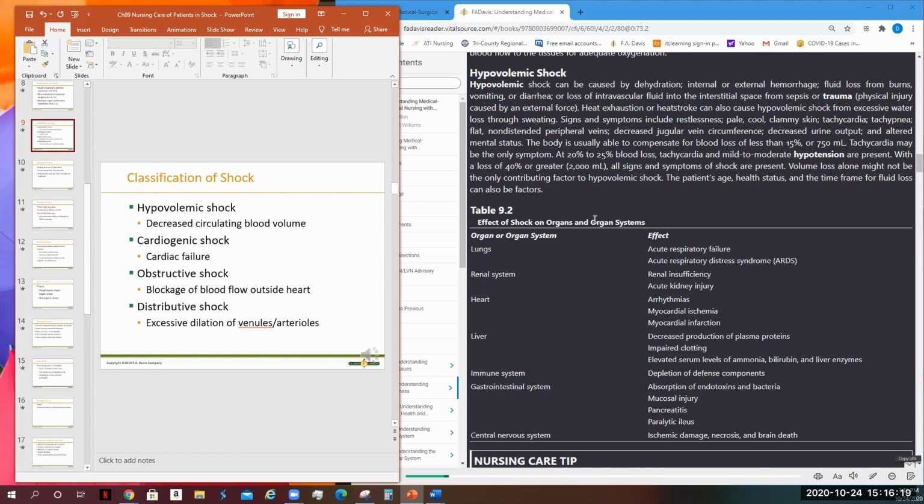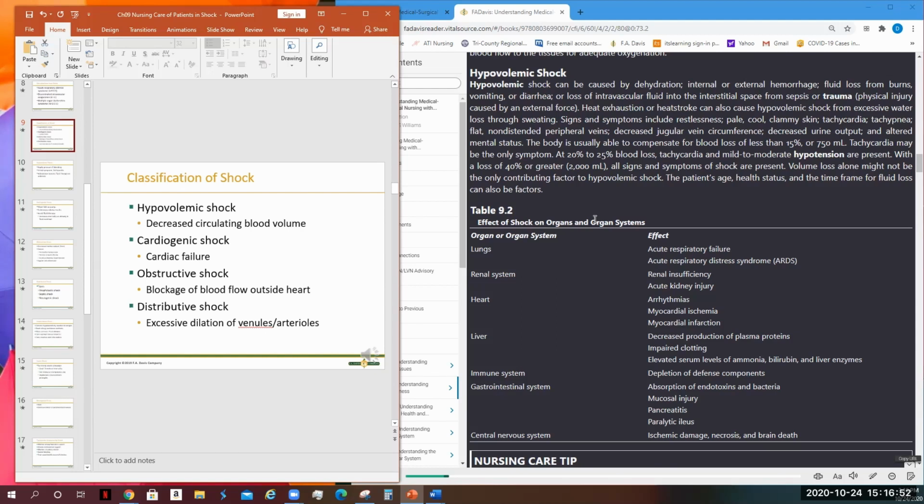Heat exhaustion or heat stroke can also cause hypovolemic shock from excessive water loss through sweating. Signs and symptoms include restlessness, pale, cool, clammy skin, tachycardia, tachypnea, flat, non-distended peripheral veins, decreased jugular vein circumference, decreased urine output, and altered mental status.